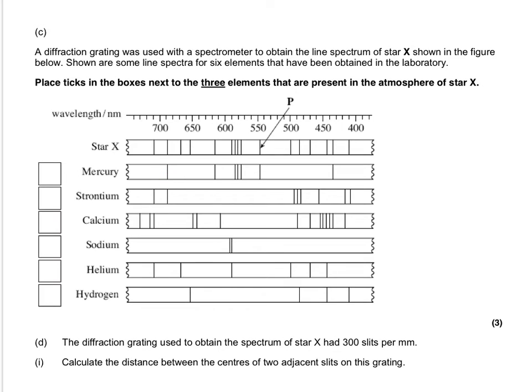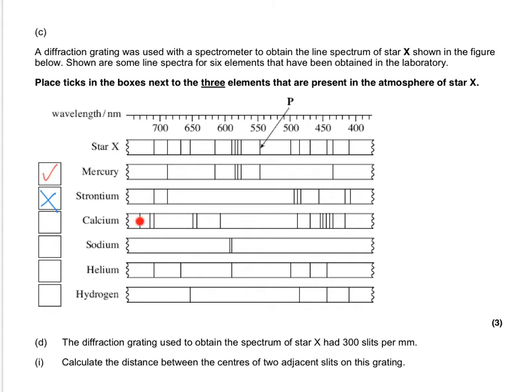You can see with mercury, these ones all match up here, so mercury is definitely one of them. With strontium, this line is in strontium, and it's in there, so that's okay. That one's in there, so that's okay. However, these ones here do not have corresponding ones in there, so strontium is out.